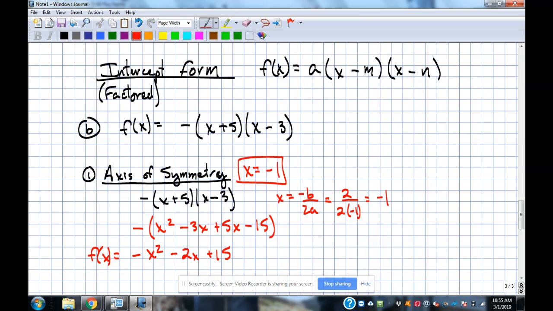Okay? I don't know if it's a trickier way. To me, it makes a lot of sense to do it that way. But it's the relationship between the vertex of a quadratic and its x-intercepts. The vertex of a quadratic is always halfway between the x-intercepts. So if you can solve it for x, you get x-intercepts, and you know the vertex is going to be halfway between that.